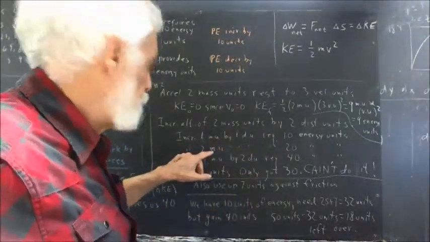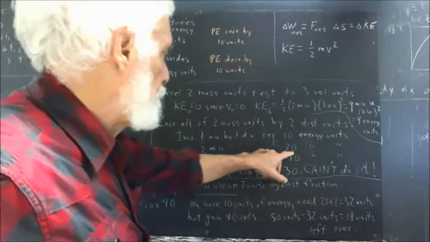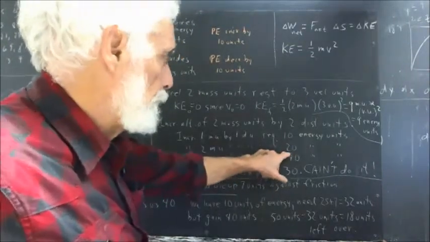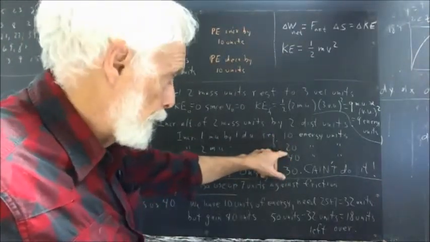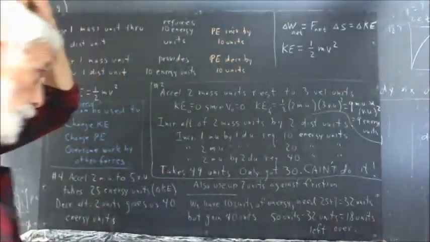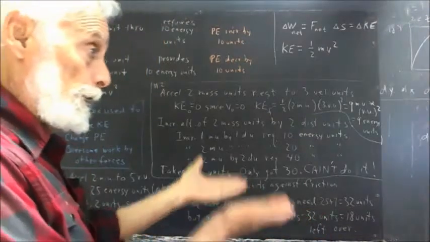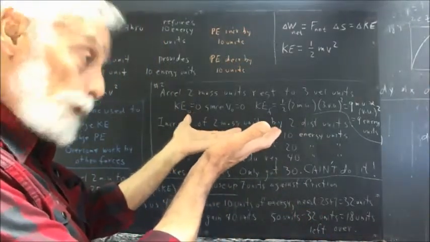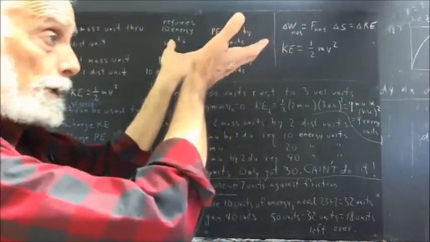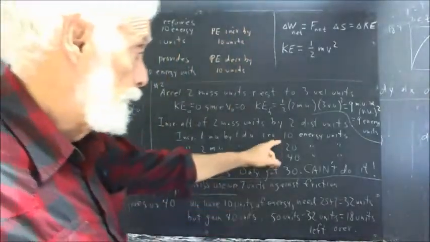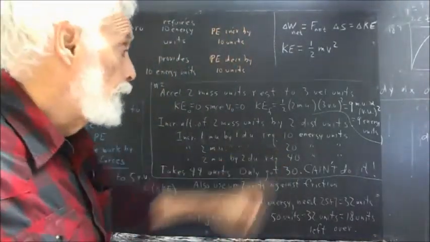So if we raise 2 mass units by 1 distance unit, that's going to take 10 and 10, 20 energy units. Now if we want to raise 2 mass units by 2 distance units, put 1 in each hand, raise them 1 distance unit, that's going to take 20 energy units. Raise them another unit of distance, it's going to take another 20, so 40 energy units.